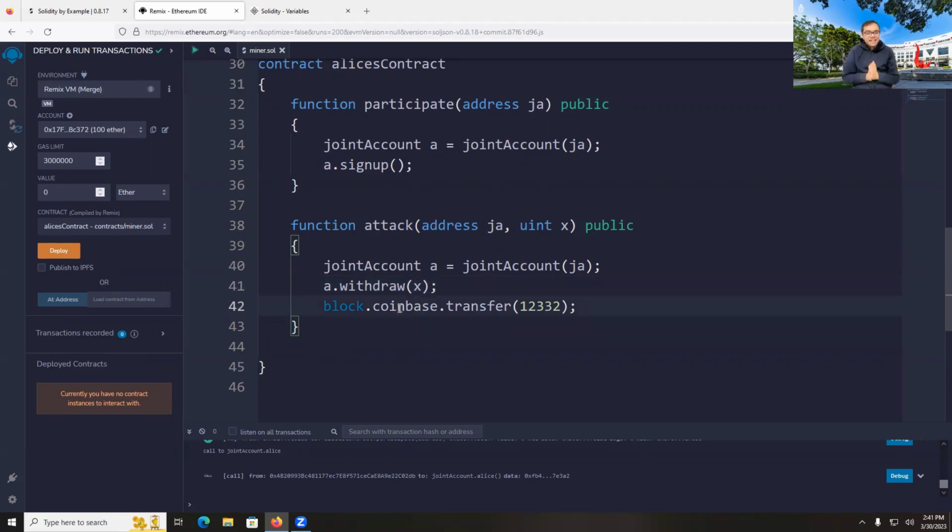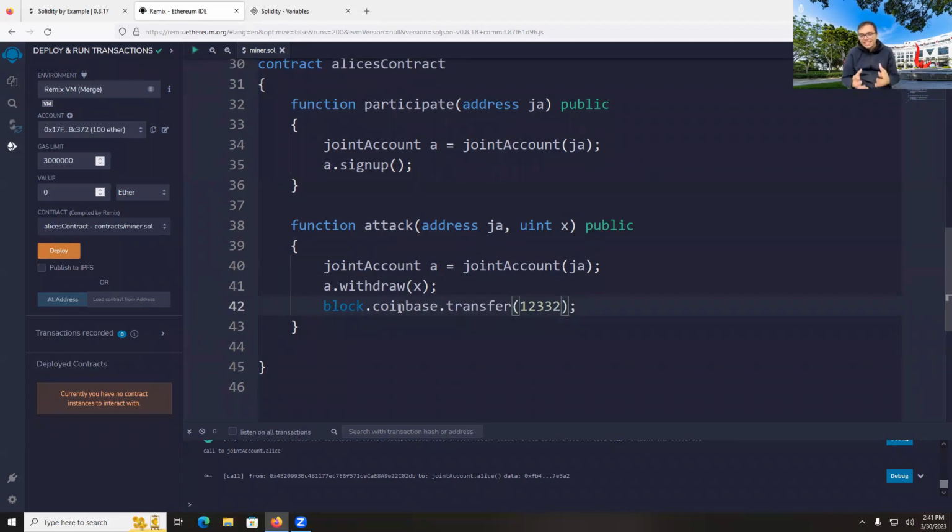So this is, again, a contract, and I'm telling the miner, if you want to get your money, you'd better make sure that I get paid first. So I have to first be able to withdraw in order to then be able to pay you the, let's say, reward or the bribe that I want to pay you.